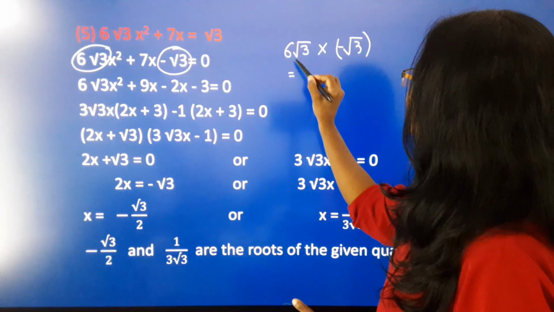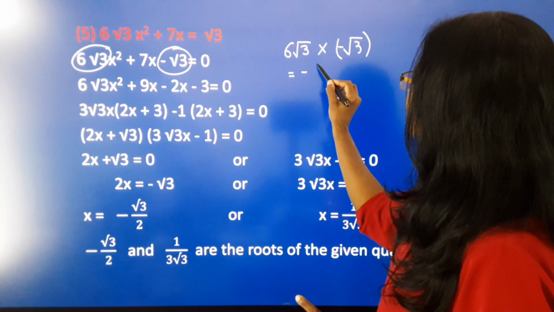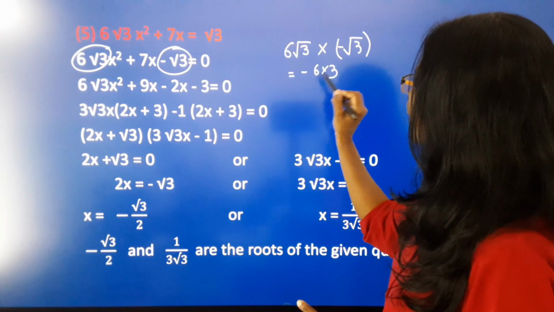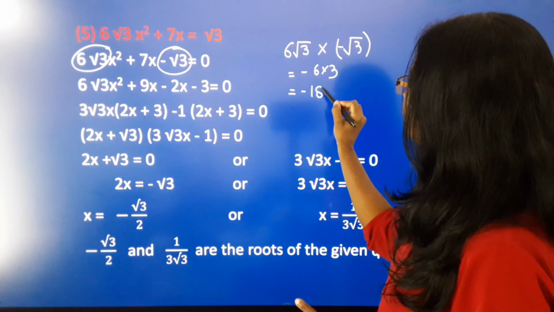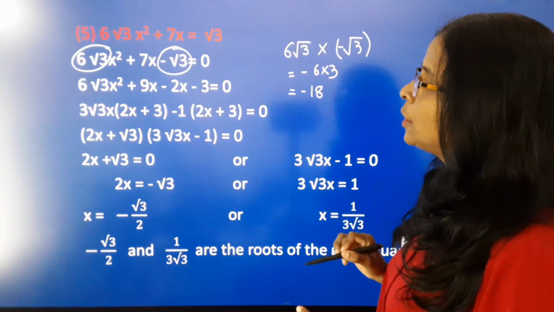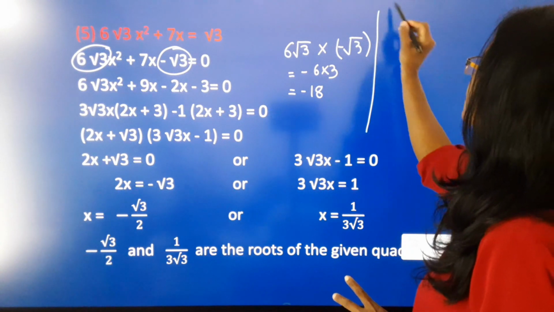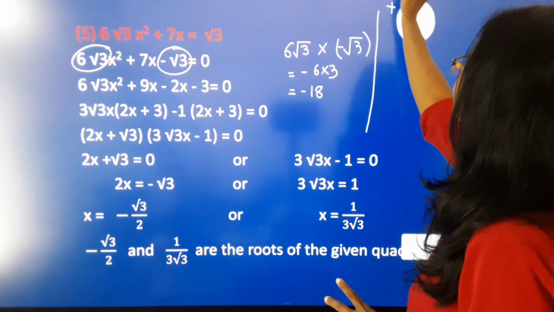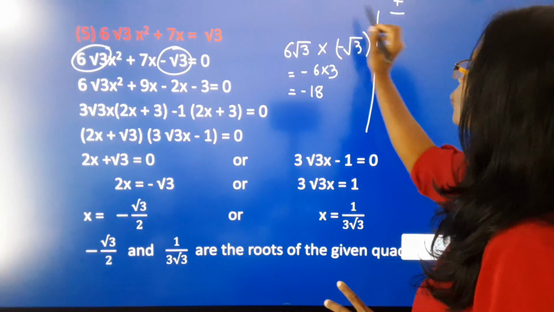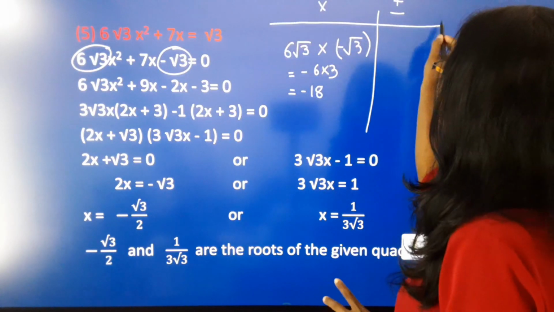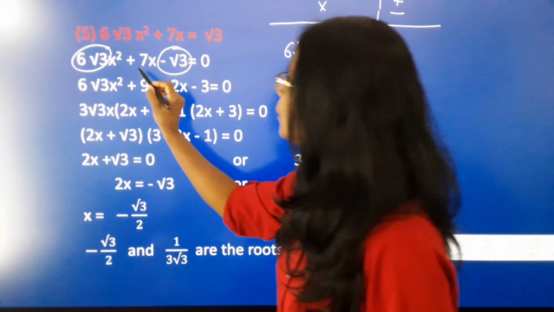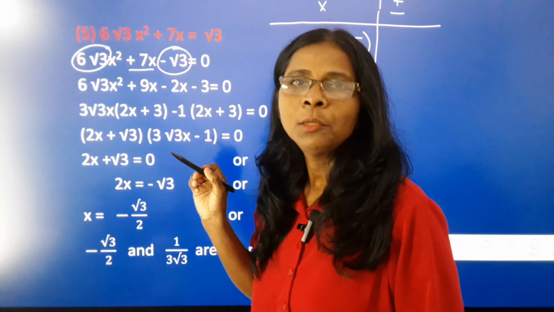So the answer is minus 6 multiplied by 3, that means minus 18. Okay, we want the product as minus 18 and the addition or subtraction. Okay, here addition or subtraction would be the middle coefficient of the middle term.